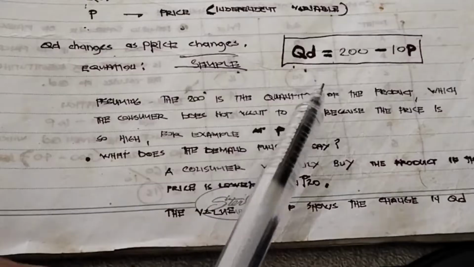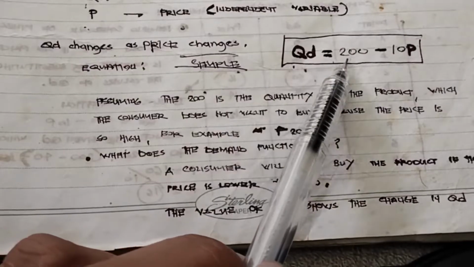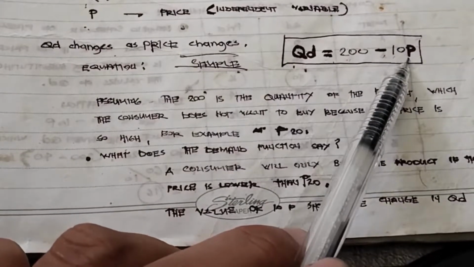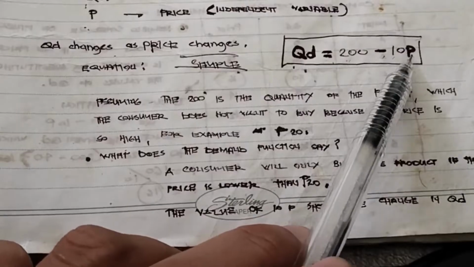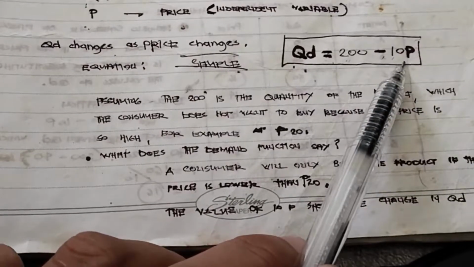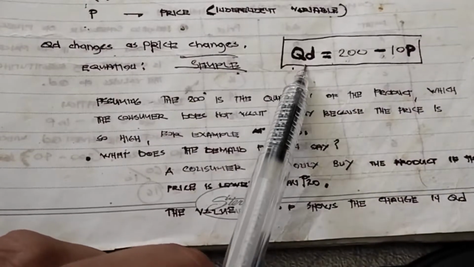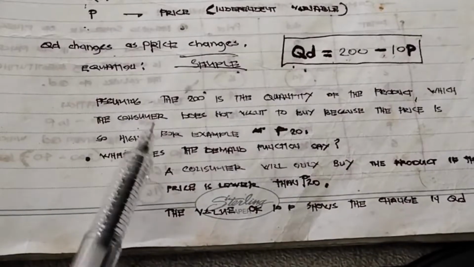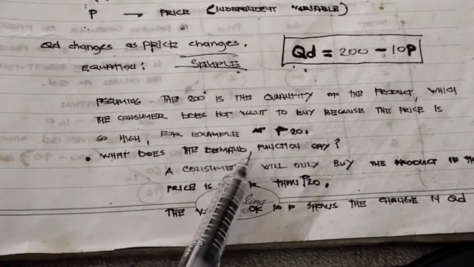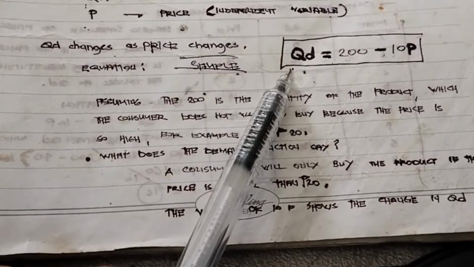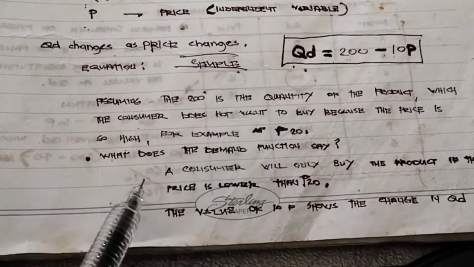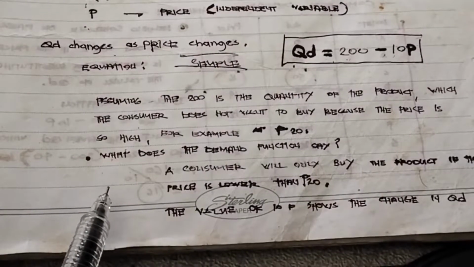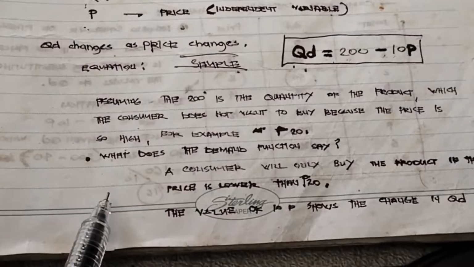At the price of 20 pesos, QD equals 200 minus 10 times 20, which is the price. That would be 200 minus 200. Quantity demanded would be 0. That means that if the price is 20, demand would be 0. Nobody would buy the product or that kind of service.